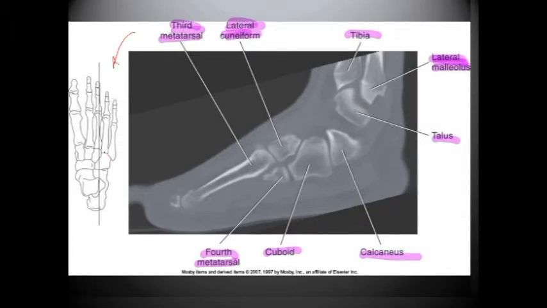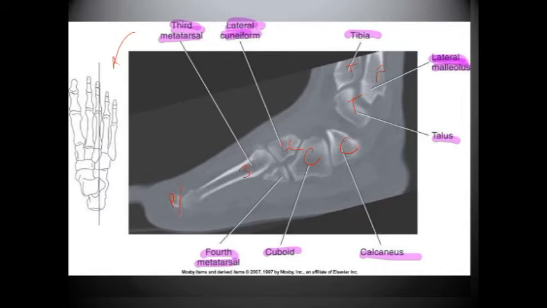Here's a sagittal view. Based on this image, we're going through what looks to be the third metatarsal. So, based on that, we are going through the cuboid, calcaneus, talus, tibia, fibula, lateral cuneiform, and then the third metatarsal.